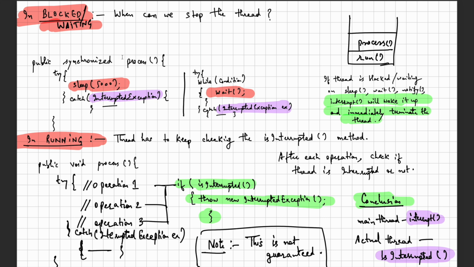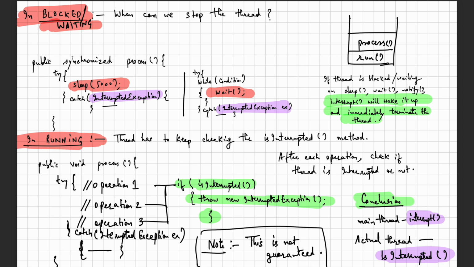The thread would go into the waiting state or timed waiting state when we are using the sleep method, and it would go into the blocked state when we are calling the wait method inside the if condition, but that's also inside the synchronized block.